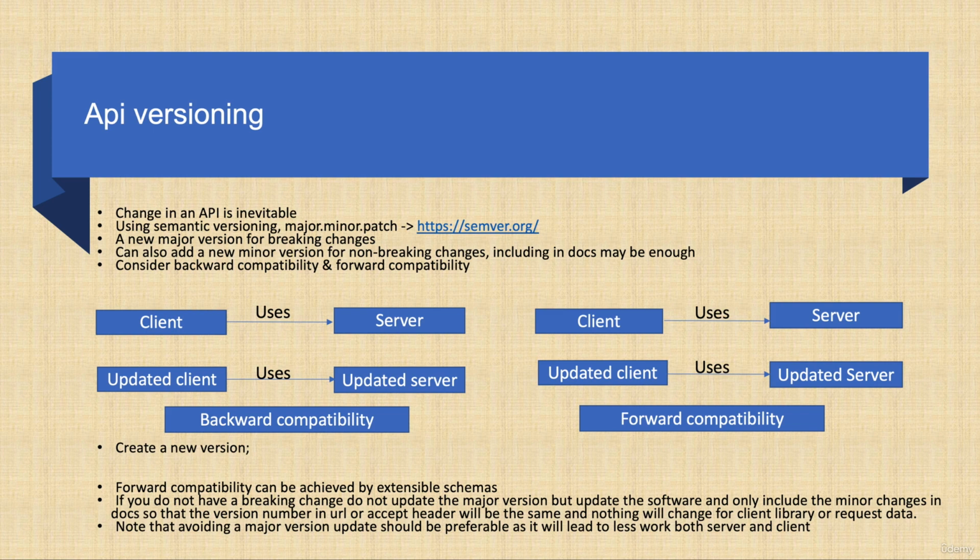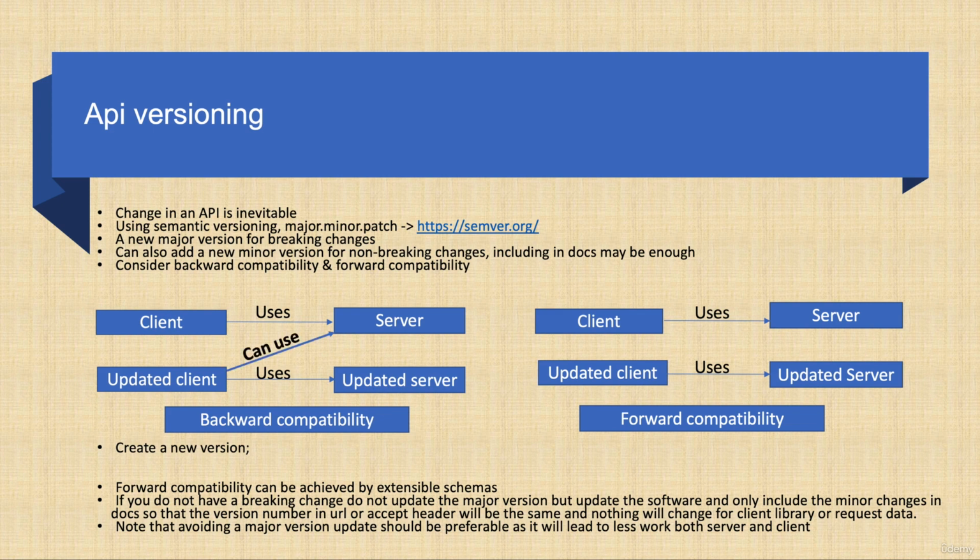But what about breaking changes which require a major version change? Are those inevitable? To answer this question, let's first think about two important concepts here: backward compatibility and forward compatibility.